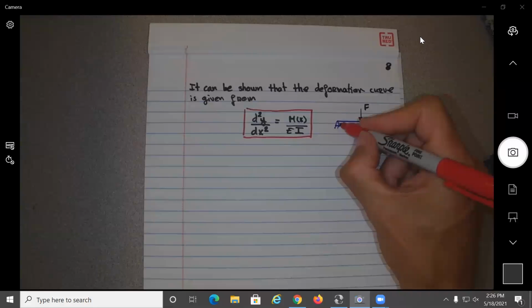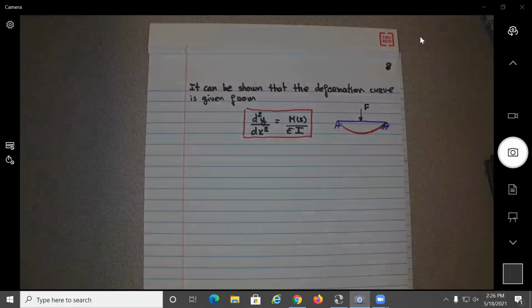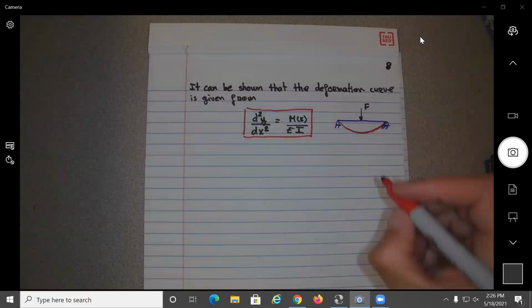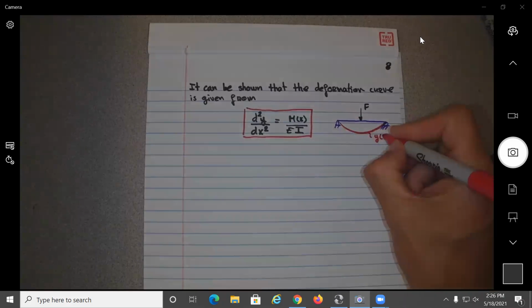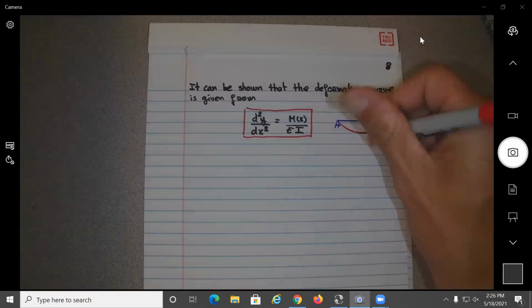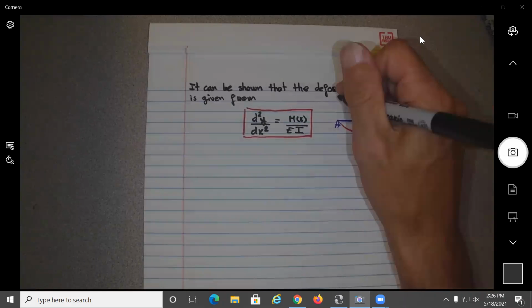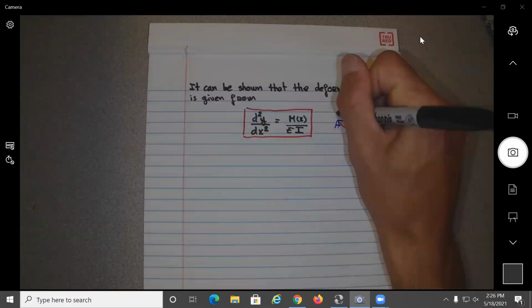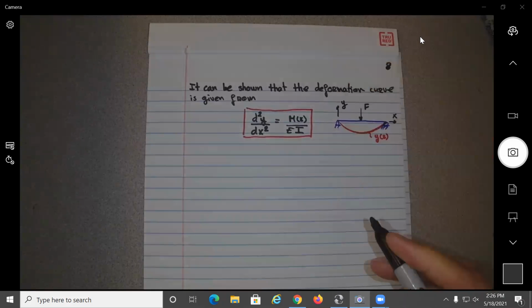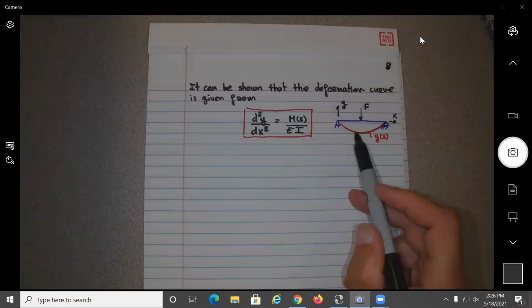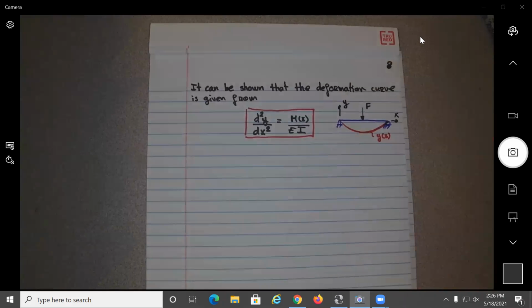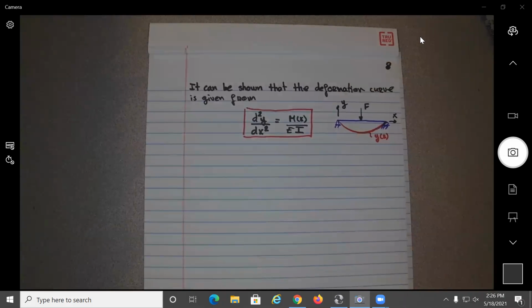It would probably look like this, no? And this is what would be y of x. This will be x, this will be y. So basically, it's the equation of this curve. The deformation curve will be the equation of this curve.